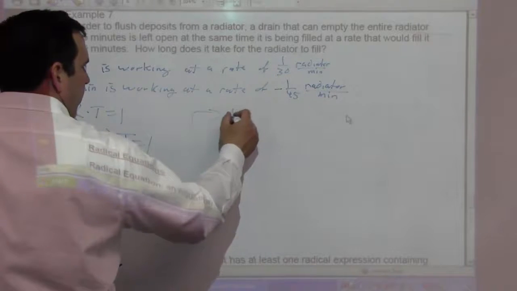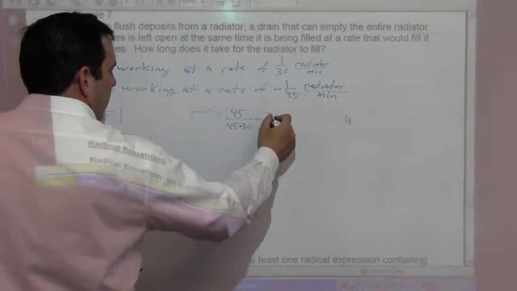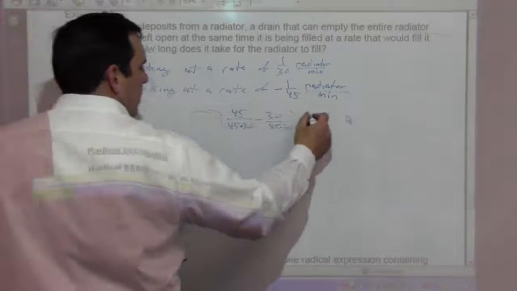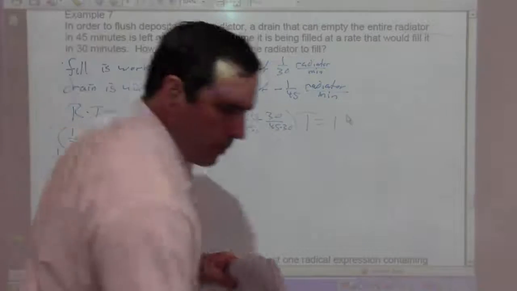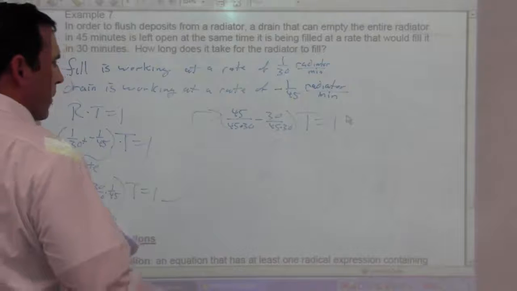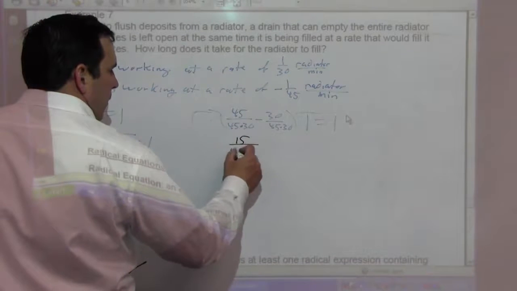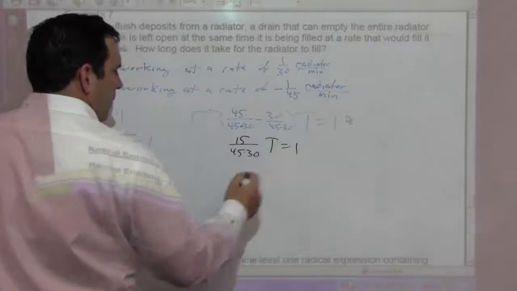That's 45/45 times 30 minus 30/45 times 30 times time equals 1. 45 minus 30 is 15/45 times 30 times time equals 1.